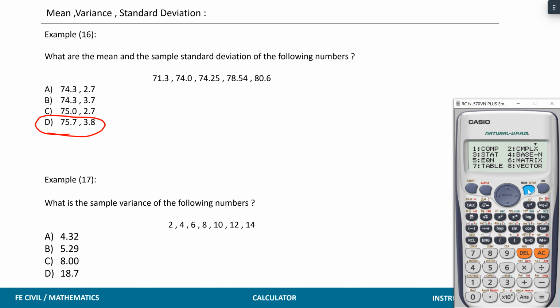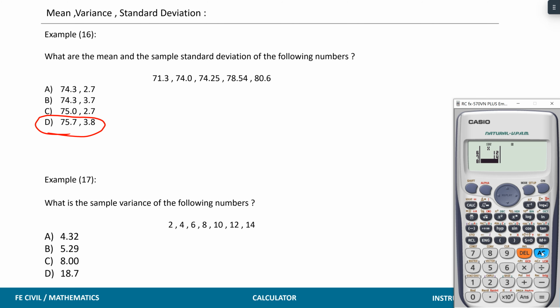So we press mod 3 stat, then 1-VAR, and we start adding the numbers, which are 2, 4, 6, 8, 10, 12, 14.